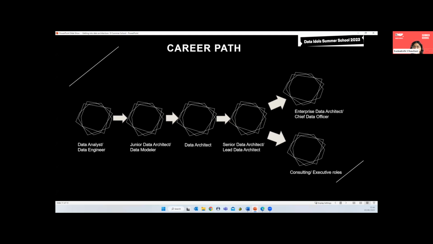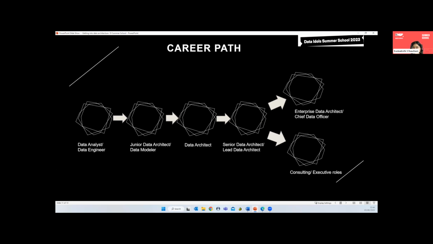Someone working as a data analyst or engineer would know how data works, how to integrate data from various systems or sources, and how to design pipelines.